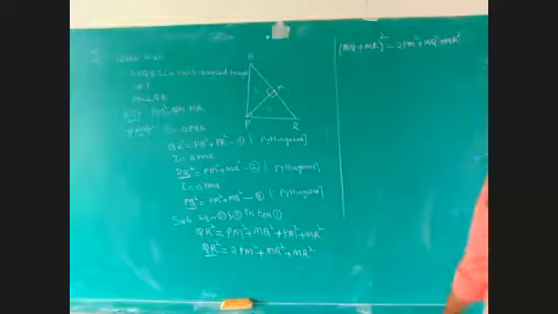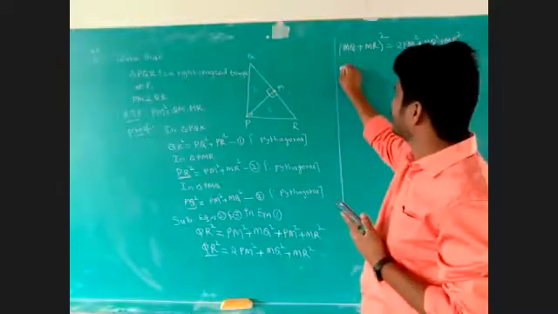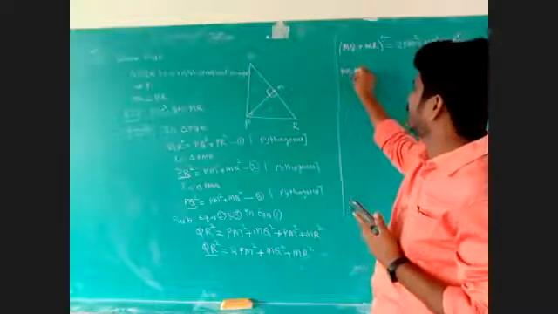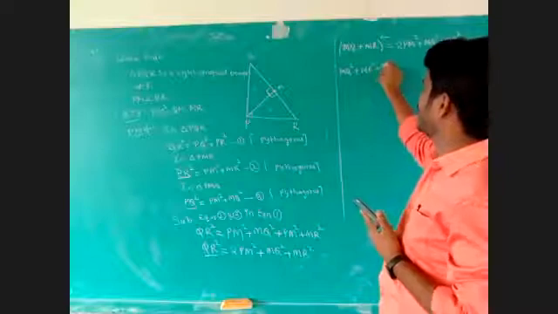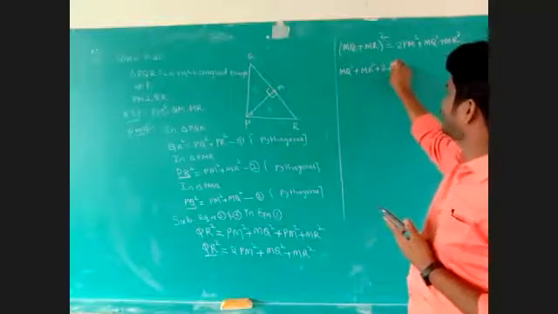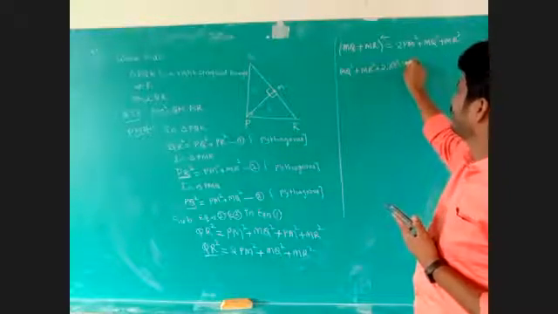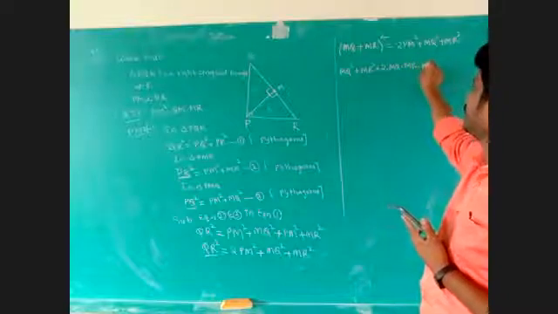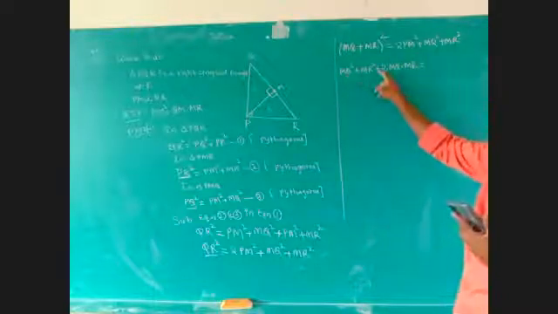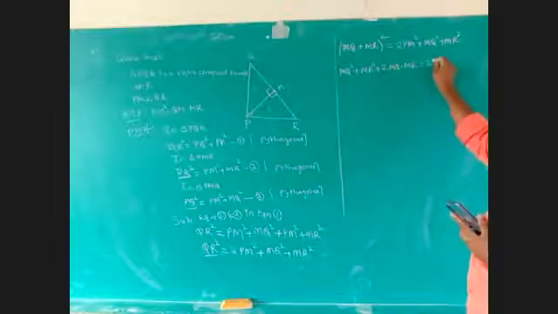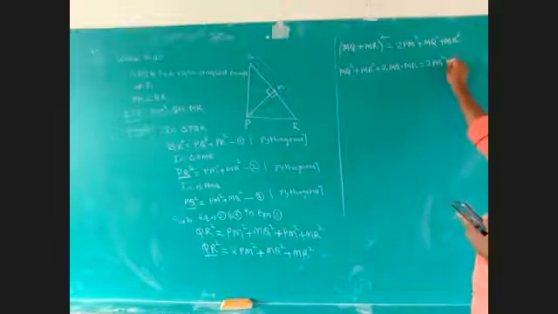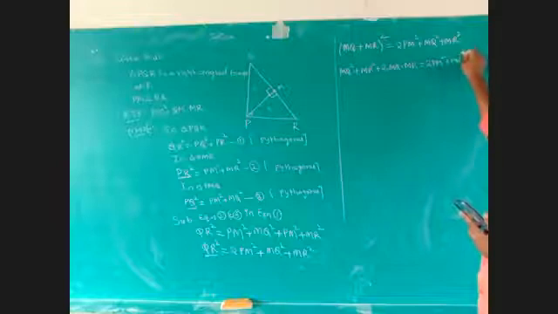The formula is A square plus B square plus 2AB, where A square means MQ square, B square means MR square, and 2AB is 2 into MQ into MR. Equal to the right-hand side, 2PM square plus MQ square plus MR square.